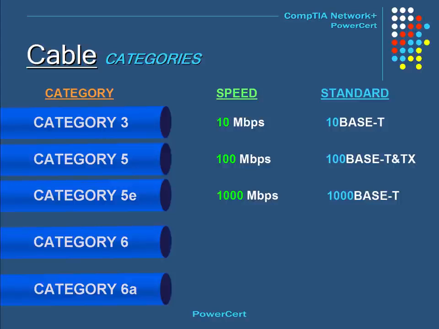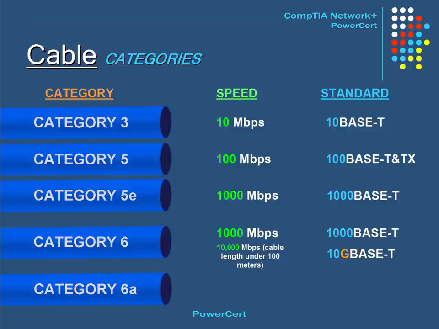And Category 6 also has a maximum speed of 1000 megabits per second, and is also used on 1000BASE-T Ethernet networks, but it's more of a heavier duty cable when compared to Category 5E. And it's also used on 10GBASE-T networks, which has a max speed of 10,000 megabits per second, but only for cable lengths of less than 100 meters.